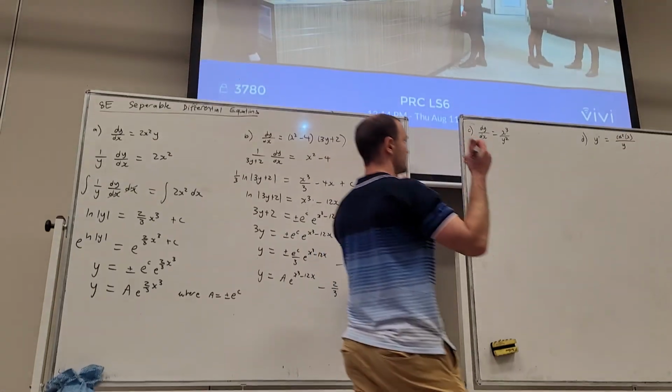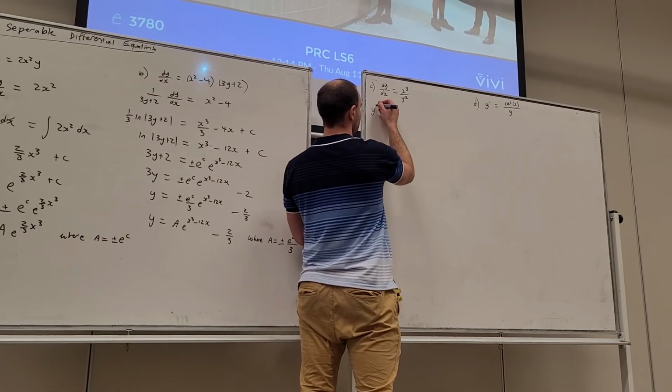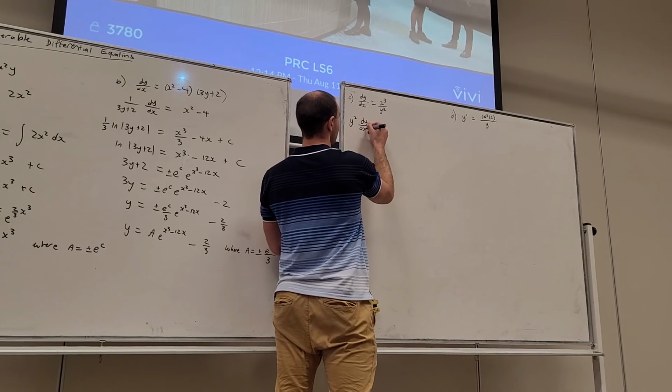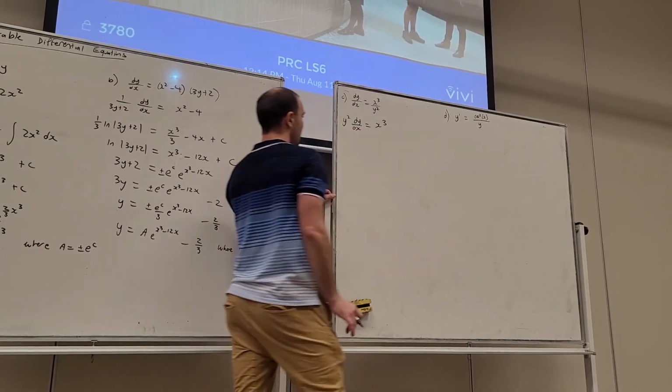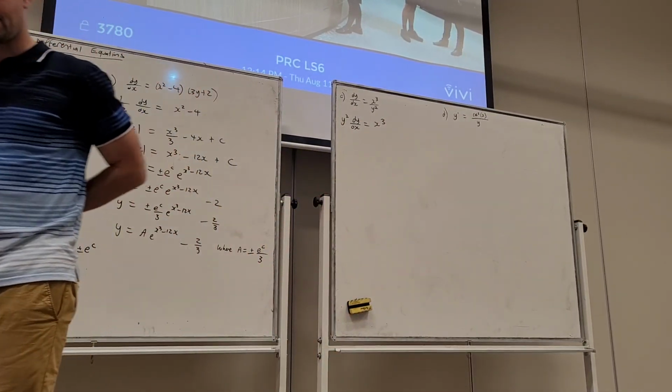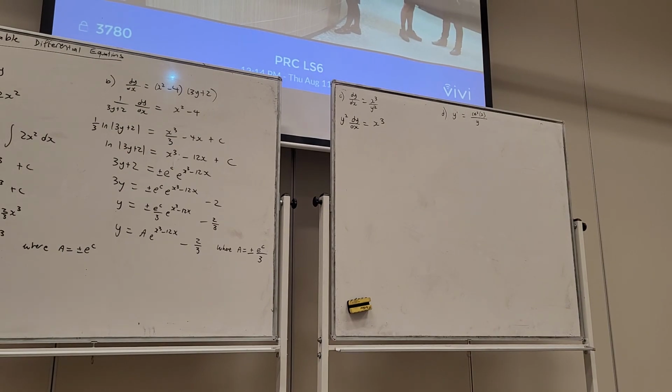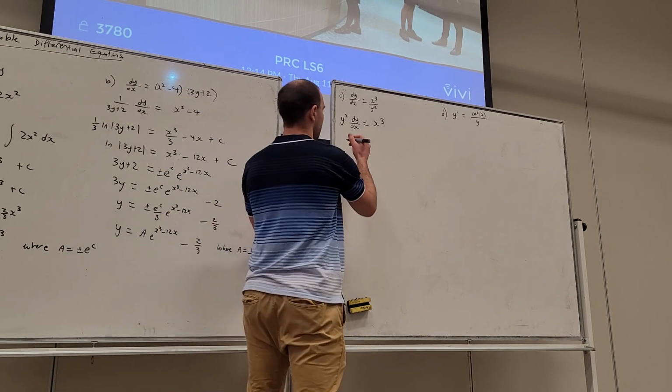I'm going to multiply both sides by y squared. We shall integrate both sides with respect to x.